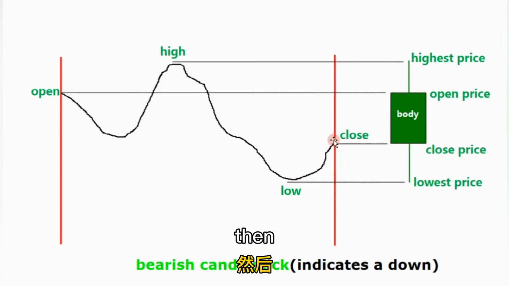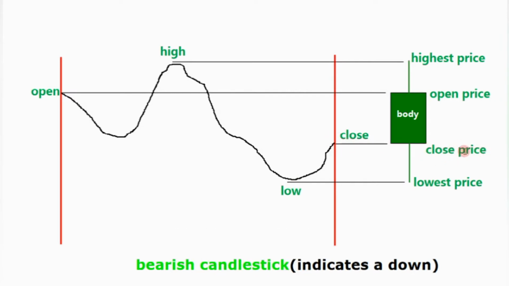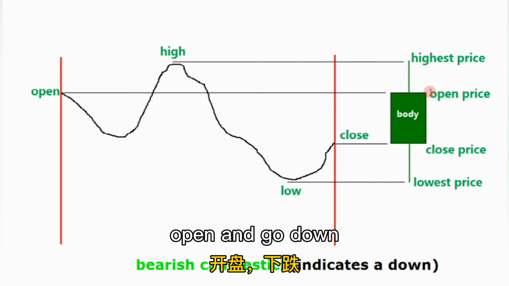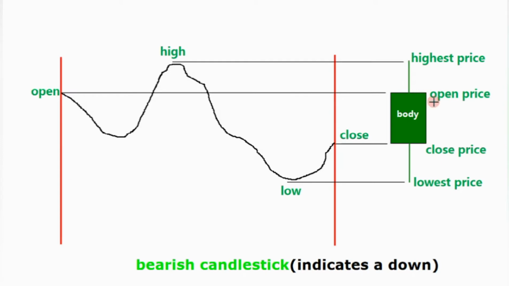And then it goes up and closes here, the close price. This is the body. The bearish candlestick indicates a decline: open, go down and close here. Go down.